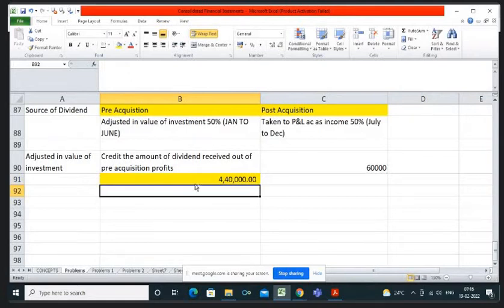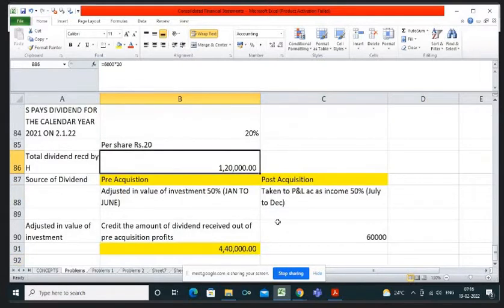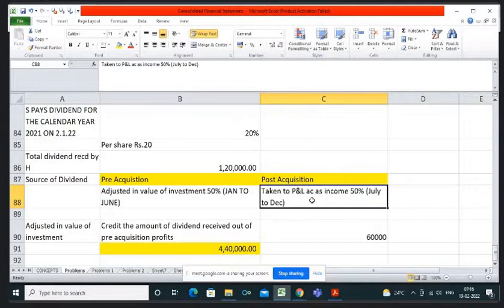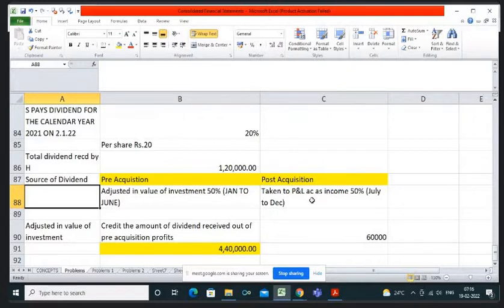So our value of investment will become only 4,40,000. The balance 60,000 dividend will be taken to the profit and loss account as income. So this is how we have to take care of the dividends from subsidiary.